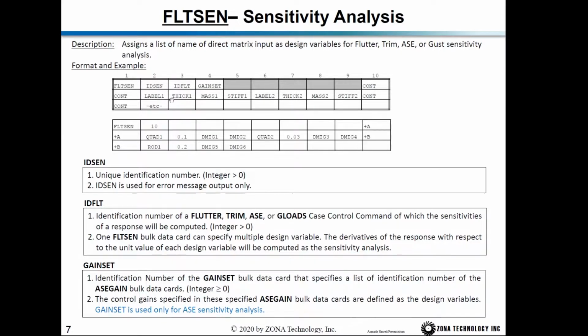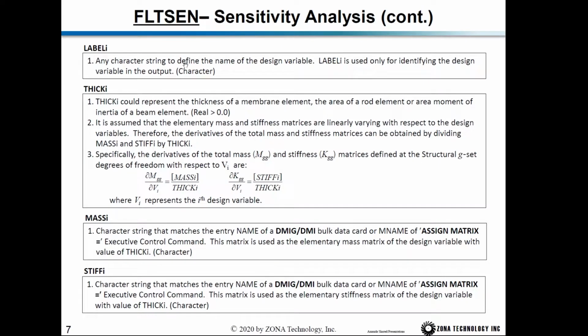And after that, you list out the label, thickness, mass, and stiffness. The label, you just give a name of the design variable, and the thickness represents the thickness of the membrane element, the area of the rod element, or the area moment of inertia of the beam element.